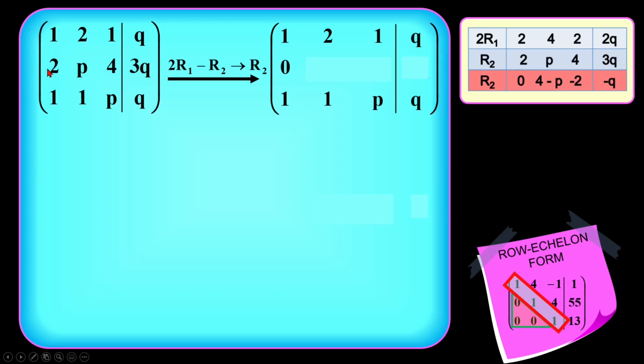Minus row 2, so I will copy everything from row 2 into the box, and finally do the subtraction because it's 2 times row 1 minus row 2. I take the top minus the bottom, so I get these answers over here. The zeros I already fixed just now, so I just need to copy 4 minus p, negative 2 and negative q into my new augmented matrix.